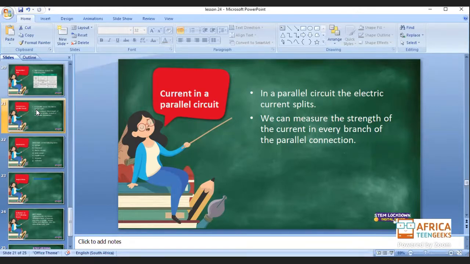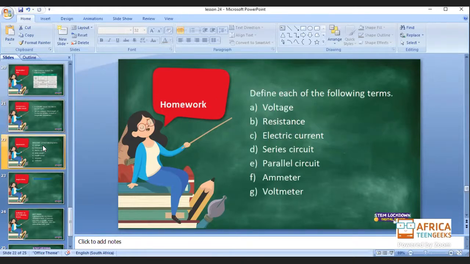Then grade 9s, I don't have much homework today, but it would be wrong of me not to give you homework. Here is our homework, grade 9. You will define each of the following terms: what is voltage, what is resistance, what is electric current, what is a series circuit, what is a parallel circuit, what is an ammeter, and what is a voltmeter.